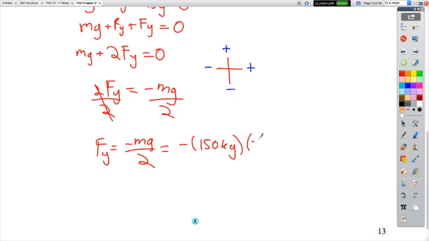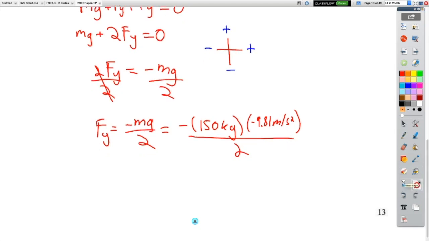Then g is down, and that's negative 9.81 meters per second squared over 2. That's half of the weight. And so Fy is equal to, I'm getting 1,471.5 newtons.